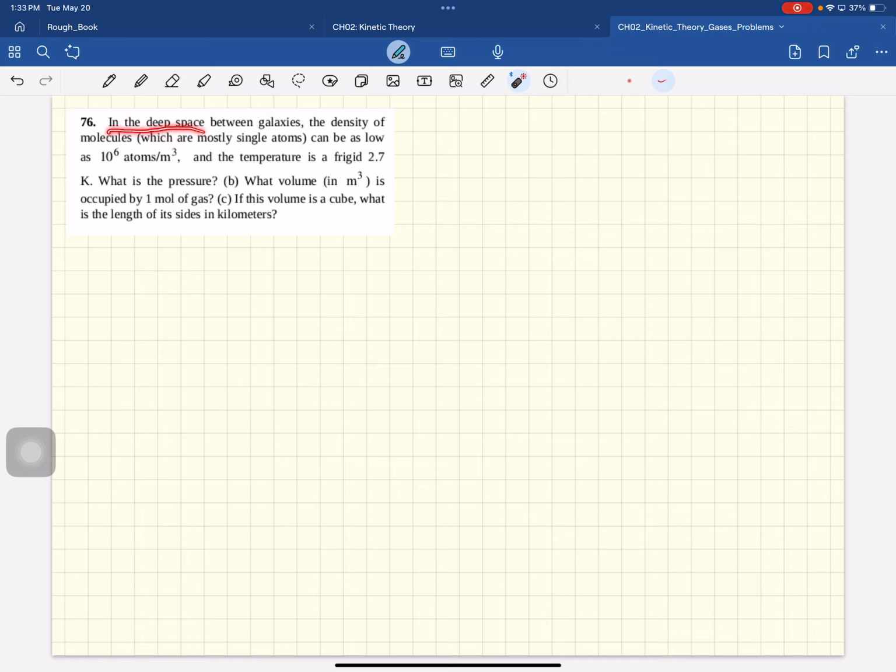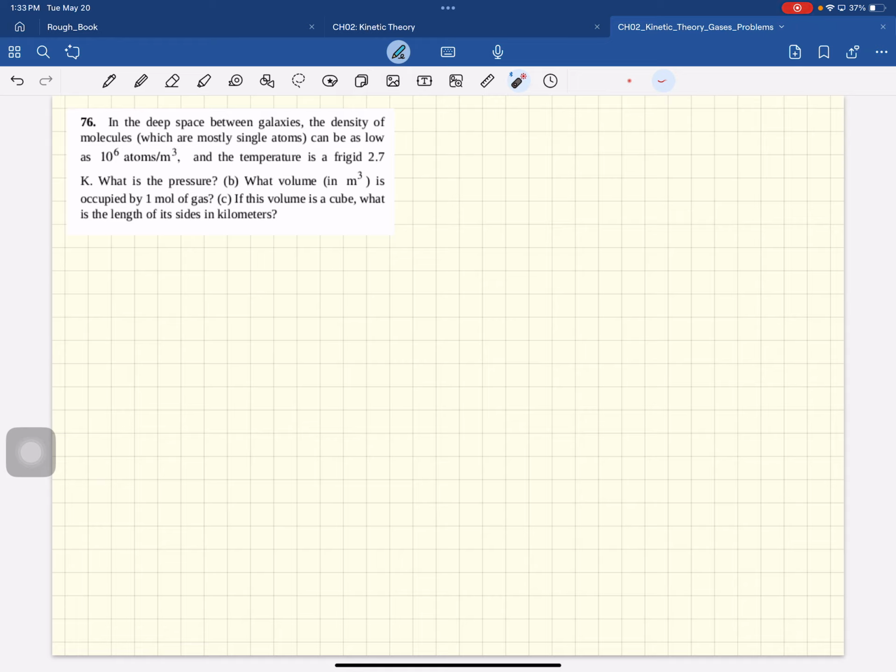In deep space, between galaxies, the density of molecules, which are mostly single atoms, can be as low as 10 to the power 6 atoms per meter cubed. What is the density in this room? So here's a meter cube. 1 mole occupies 22 liters, and 1 meter cube is 1,000 liters.